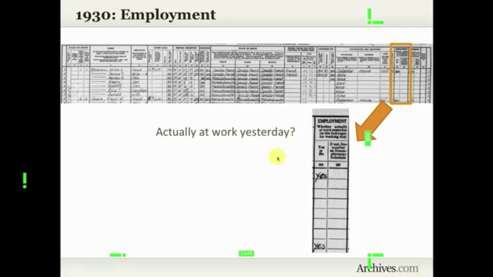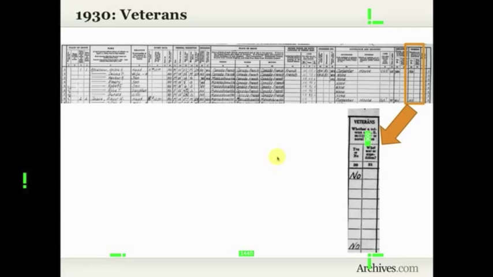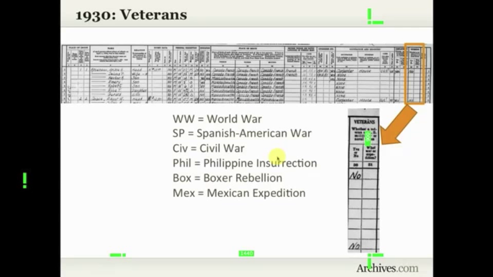And there's also a section for veterans. So was this person a veteran of any military conflict? And there are codes. Again, when you see these codes in the veterans section, they're pretty much self-explanatory.